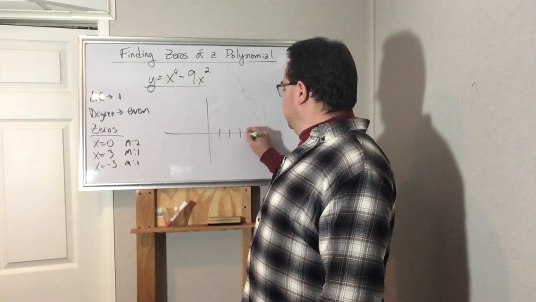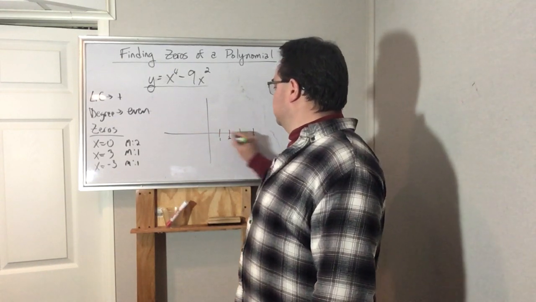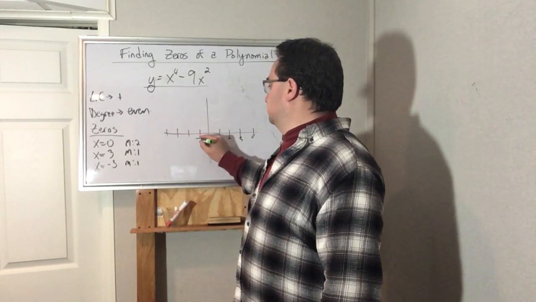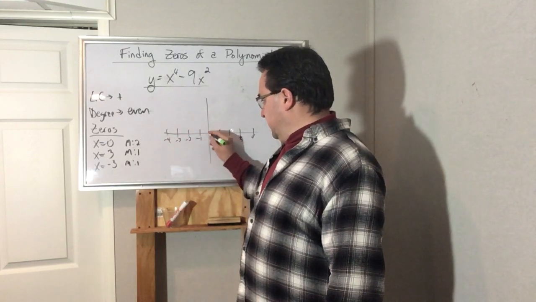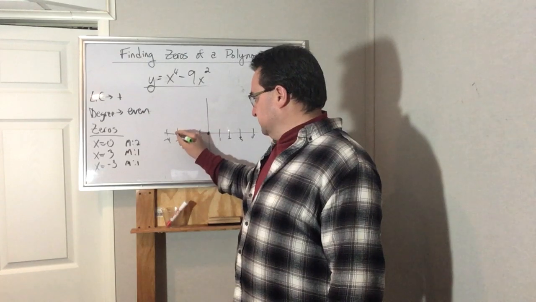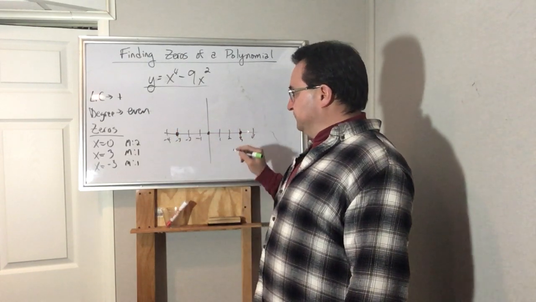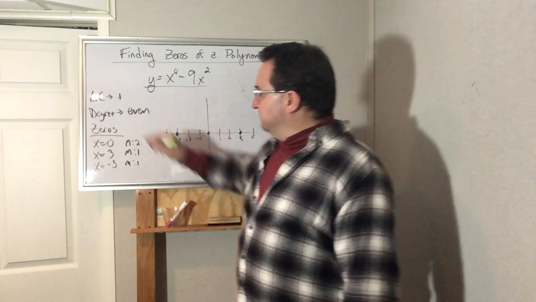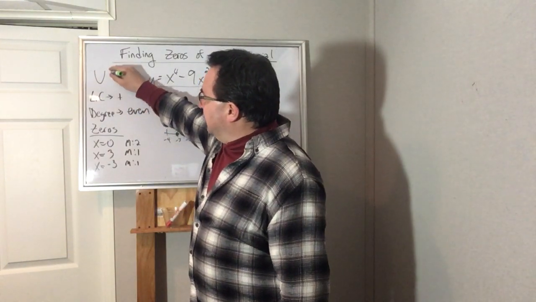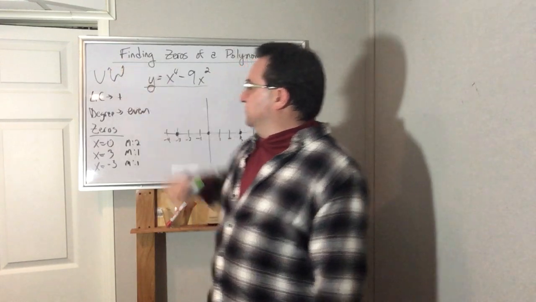We have to get out to 3 and negative 3. I have zeros at 0, minus 3, and plus 3. If I have a positive leading coefficient and it's even, that is going to be a parabola or a W shape.